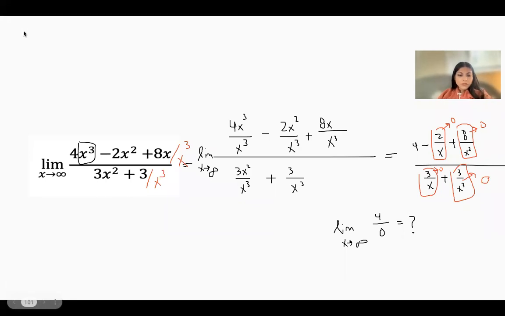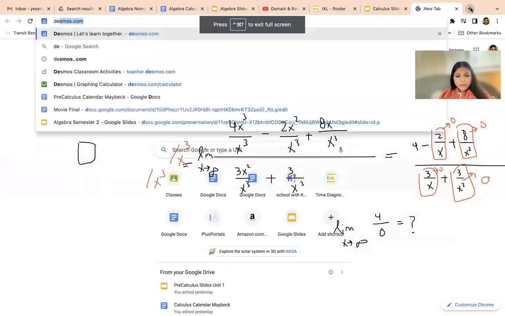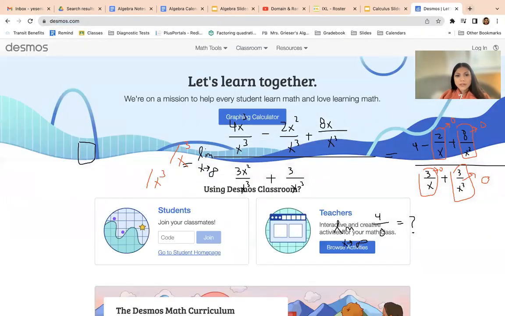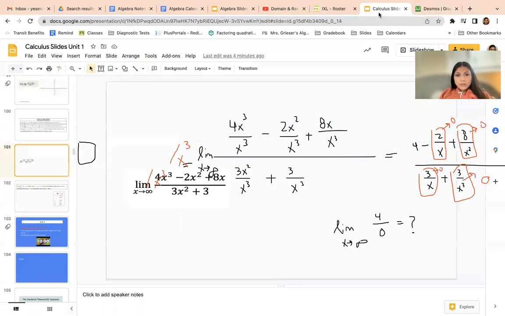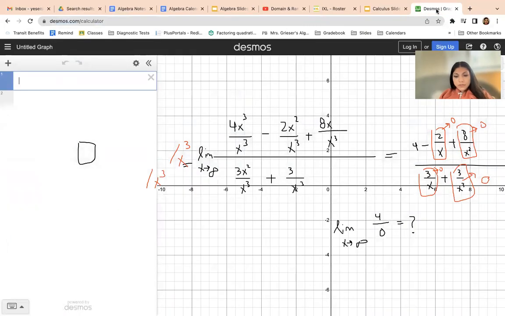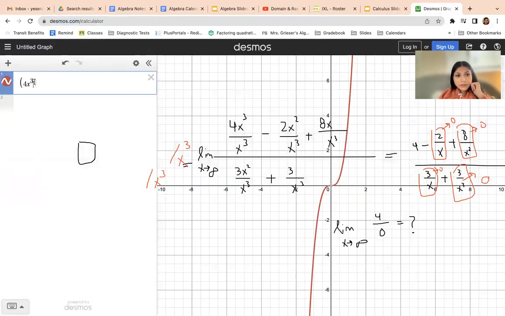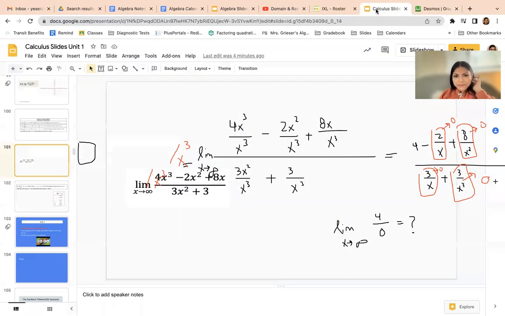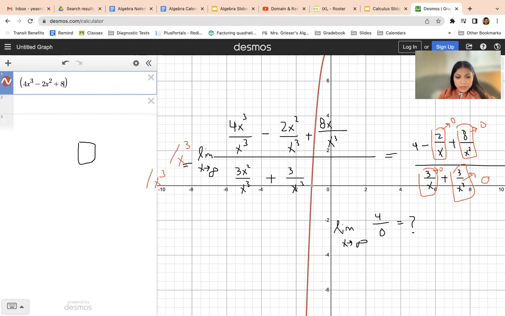So let me escape from here. And I'm going to go to desmos.com. And again, I'm going to have to type in this whole function, but it's going to take me a bit. It's 4x cubed minus 2x squared plus 8x.